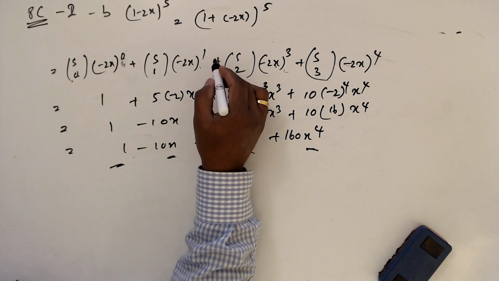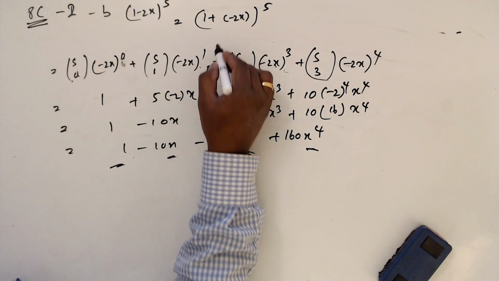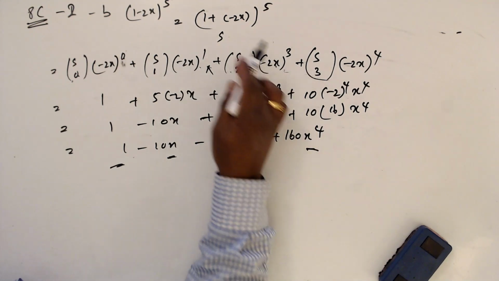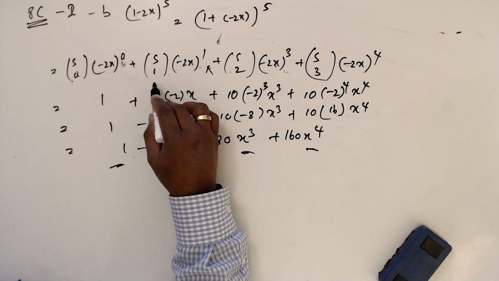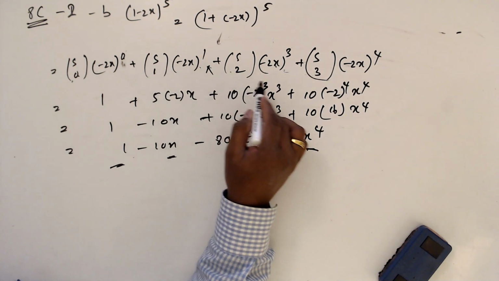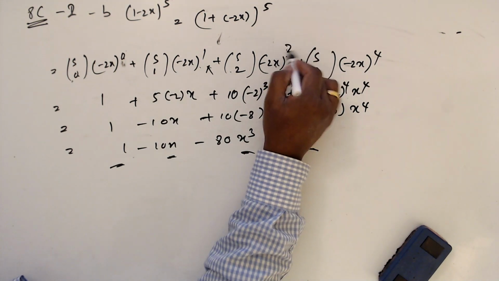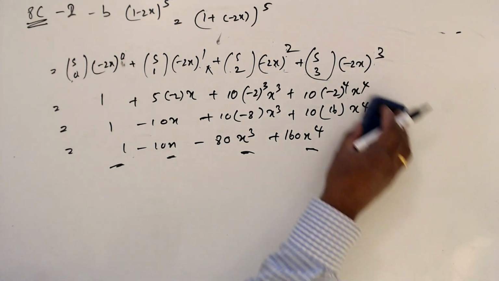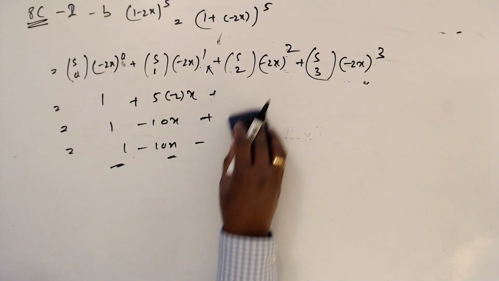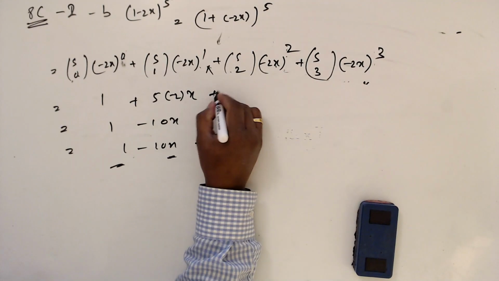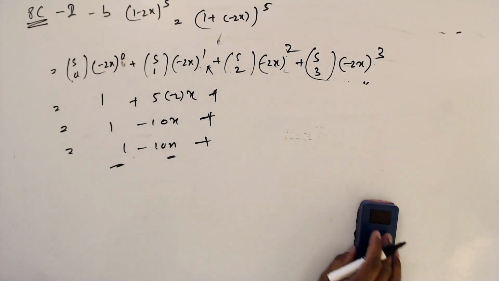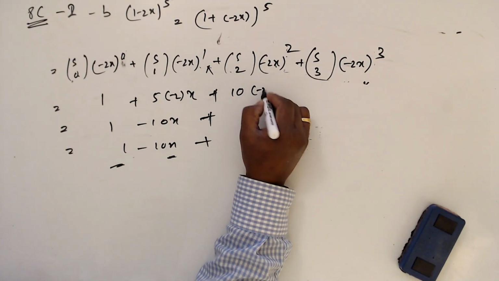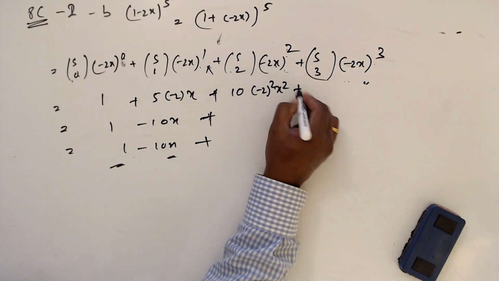So I will write here 5, actually 5C0. This has to be squared and this has to be cubed. Let me correct it again. This is 10 times minus 2 squared x squared.